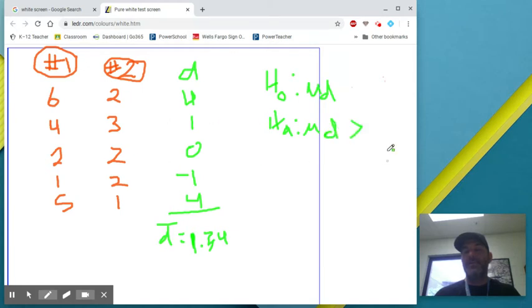Even though we want those numbers to go down, the mean of the differences would be a positive number. So we would be looking at this. And the reason I did all these videos to bring attention to it is because if you write your null and alternative hypothesis wrong, then your p-value is going to be skewed. You're not going to get the right one when you put it into the calculator.